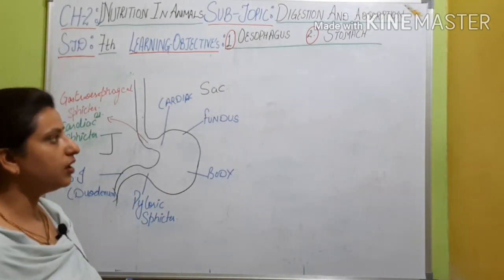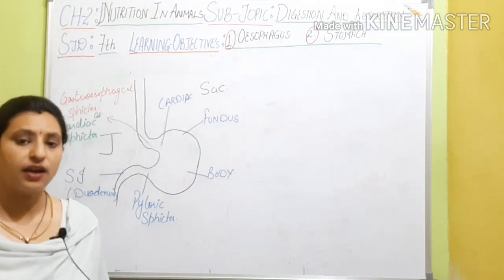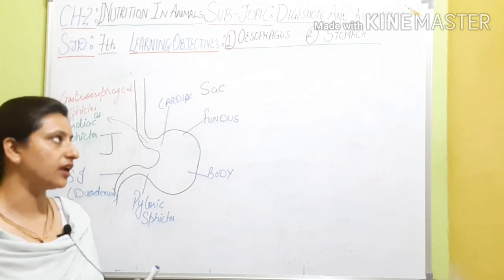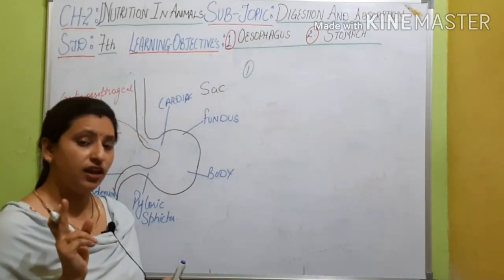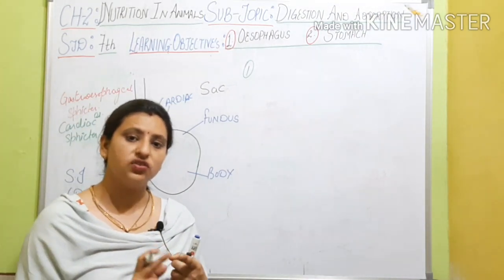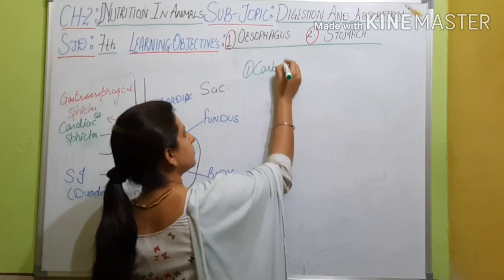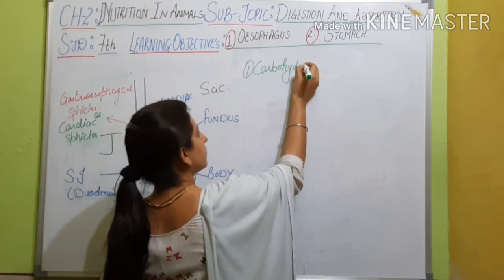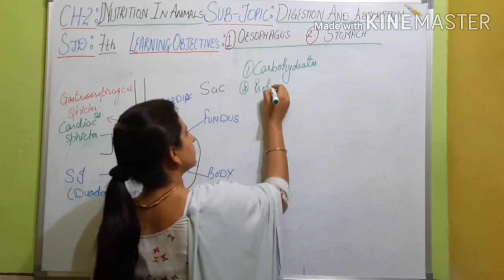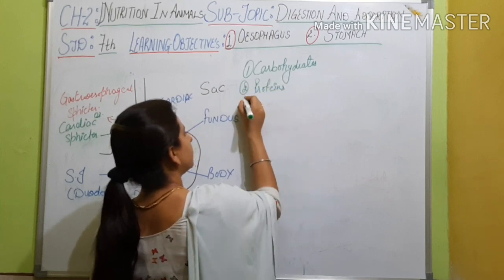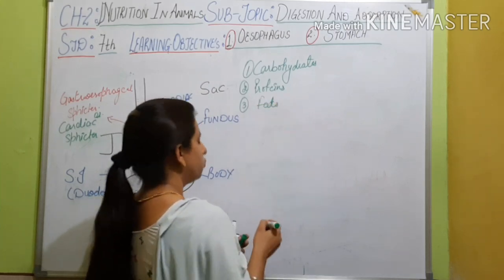Now let's see which kind of food we are going to digest in our stomach, and how much time it takes. We had already discussed in our first lecture that we are going to digest three types of food components. They are the carbohydrates, second is proteins, and third is fats.